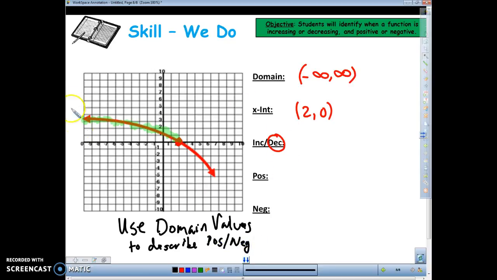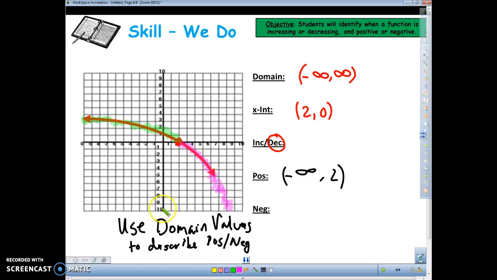Okay, so my function is positive from negative infinity all the way up until 2. At 2 it's neutral, so I use parentheses, not brackets. And then at 2, it dips below the x-axis, and for all of these values, as this function continues to go down, it is negative.